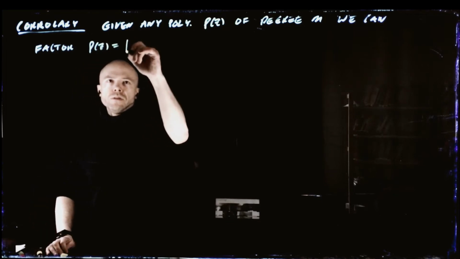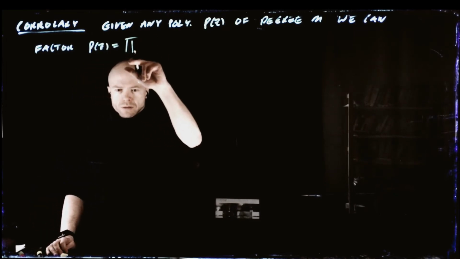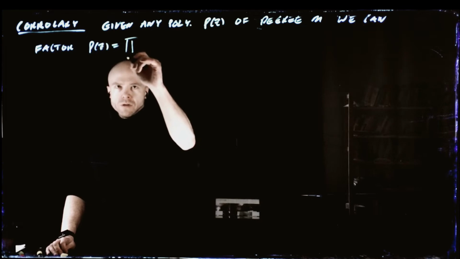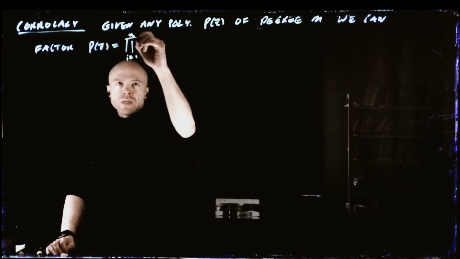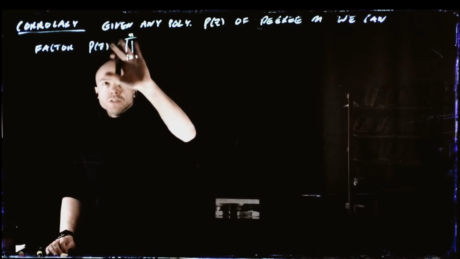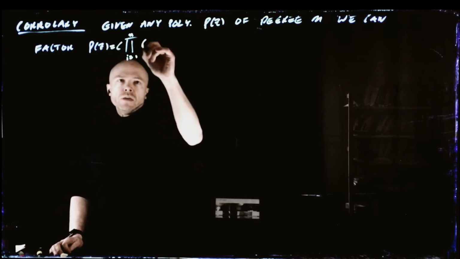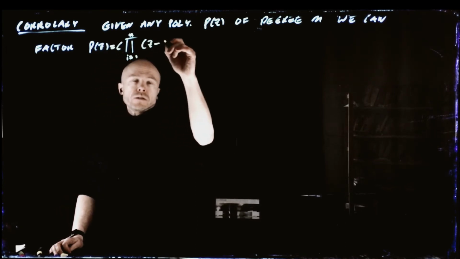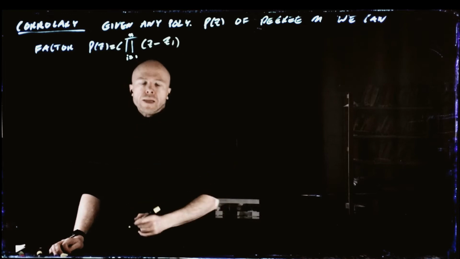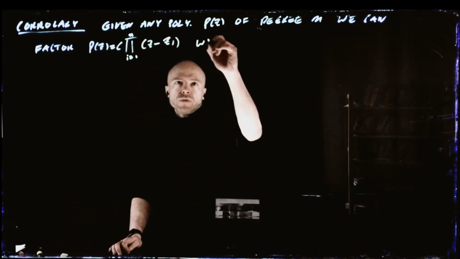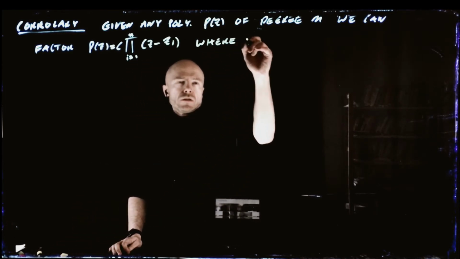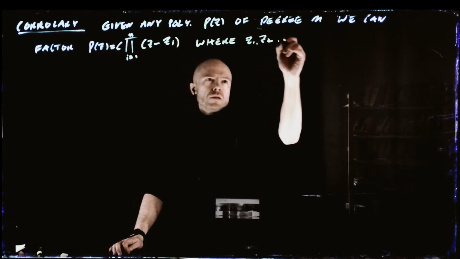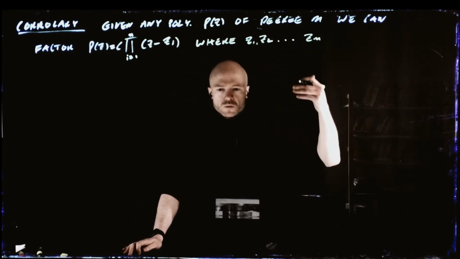Do you know this notation, this product? You've all seen that before. From i equals 1 up to n, some constant c, and then z minus zi, like this, where z1, z2, up to zn are the roots.